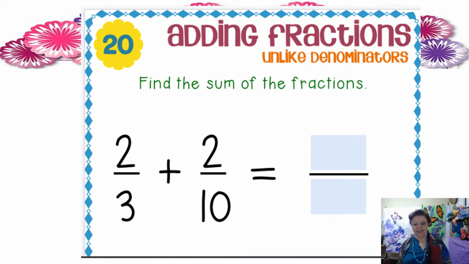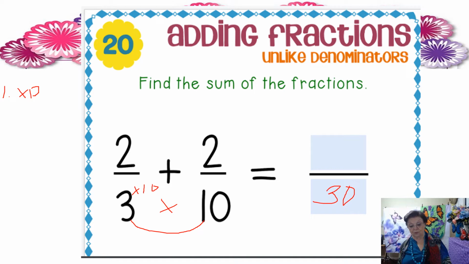Okay, I think this is the last addition. 3 times 10, because we're going to multiply the denominators. 3 times 10 is 30, so that's going to be our new denominator. And when I multiply 3 times 10, I went 3 times 10, and I also went 10 times 3.